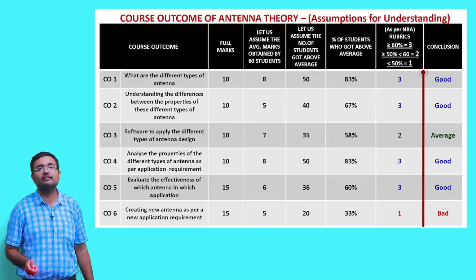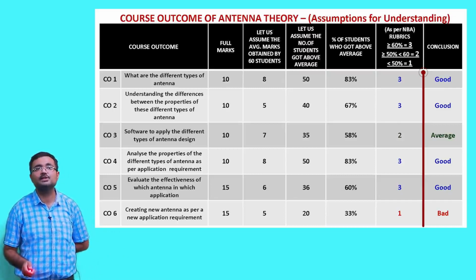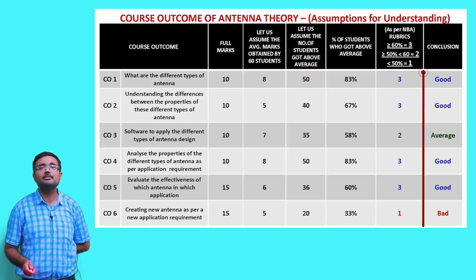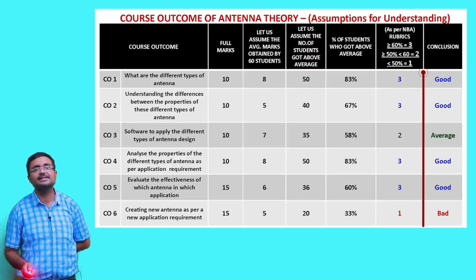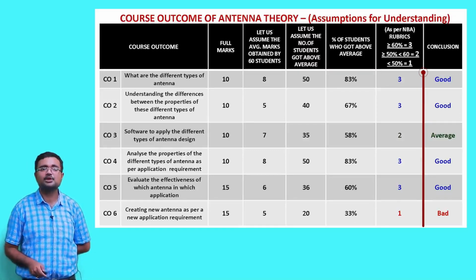So we have got 3, which is the rubrics. We call it rubrics or a measurement of 1 or 2 or 3. Below 50 is 1, 50 to 60 is 2, above 60 is 3. This we are taking as per NBA, National Board of Accreditation. So 3 means above 60.